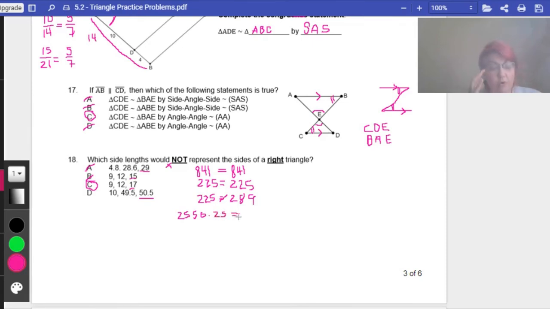Does that equal 50.5 squared? 50.5 squared, yes, I get the same thing. 2,550.25. So that's a right triangle, and I was correct that C is the one I want. Good job. Let's go to page 4.